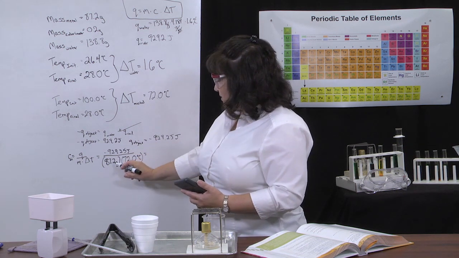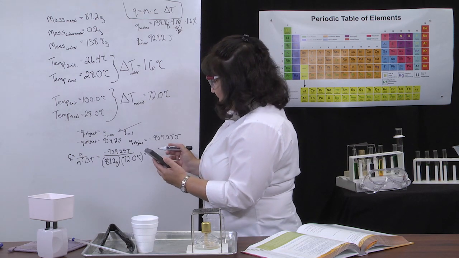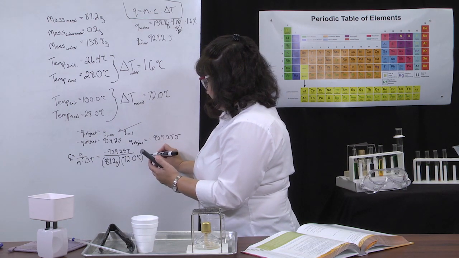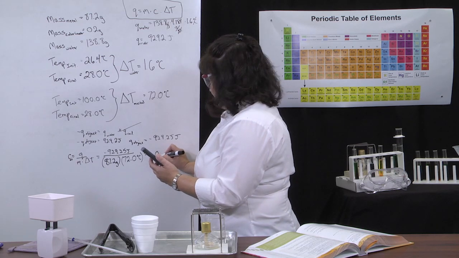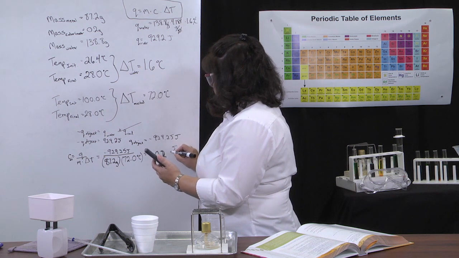Okay, and I can only take this to the tenths place, so I want to round to the tenths place. My answer is going to be negative 0.1, actually negative 0.2 joules over grams degrees Celsius.